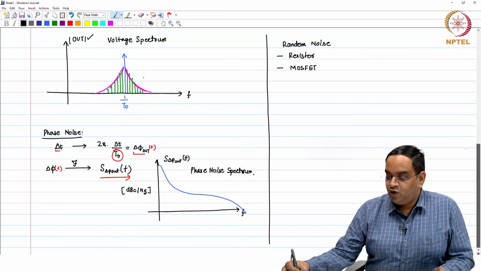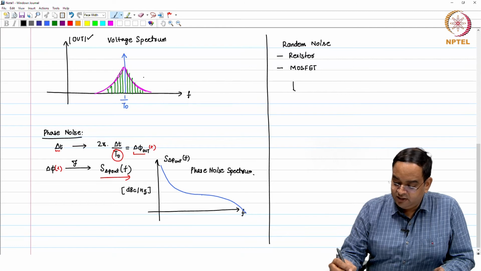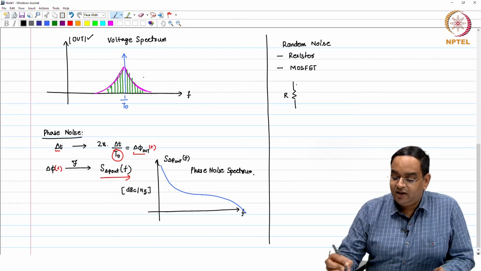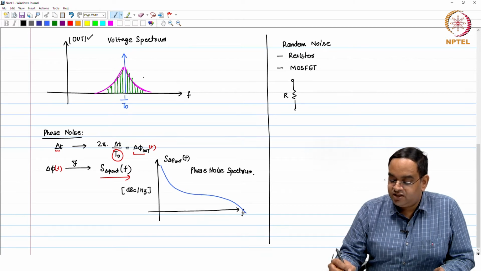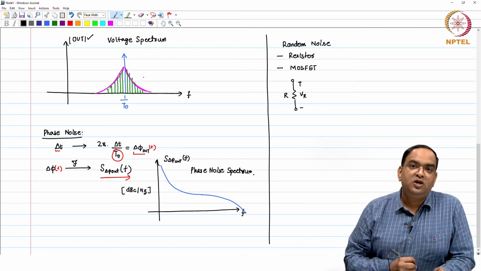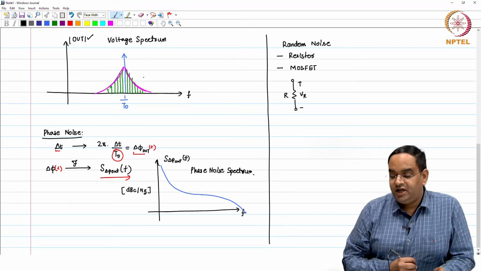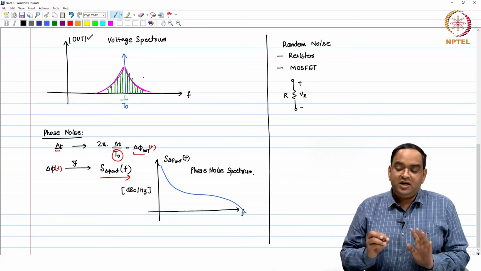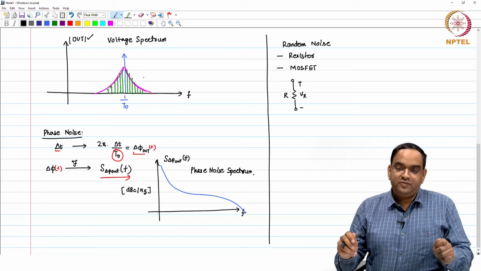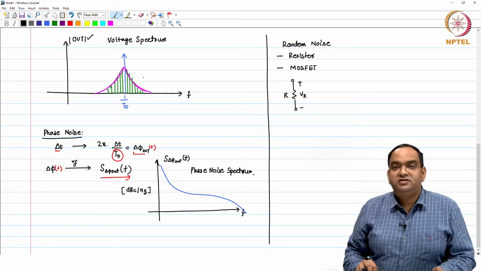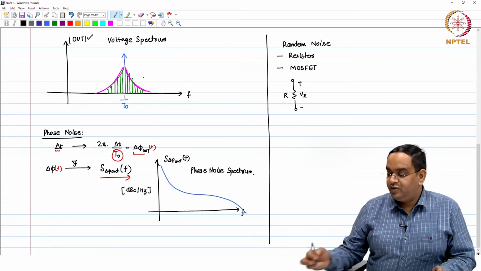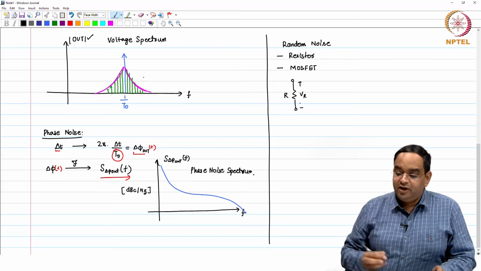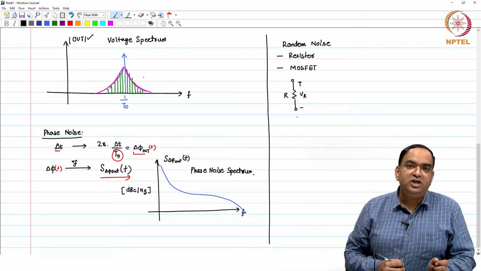So, if you look at a simple resistor R and you measure the voltage across this resistor, it is not connected to any voltage, and you will find that this voltage is varying. You are not connecting anything to the resistor, you just put your potentiometer, and because of the noise in the resistor, you will measure some random voltage.